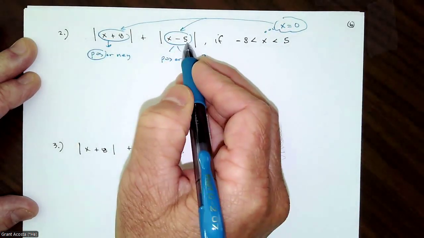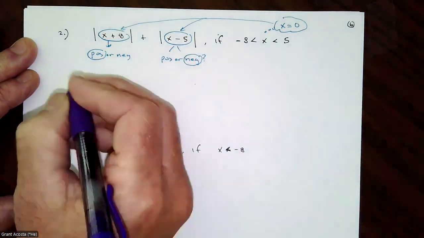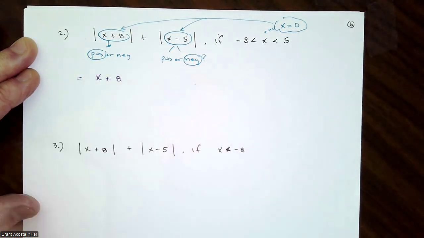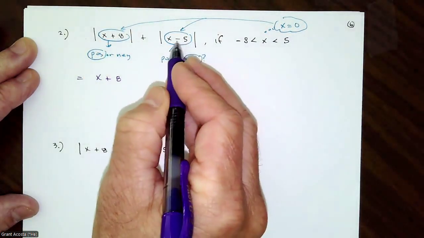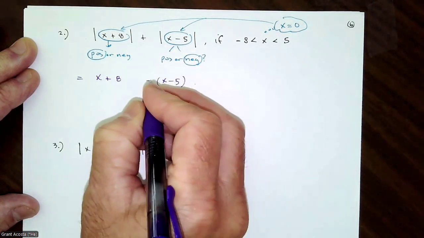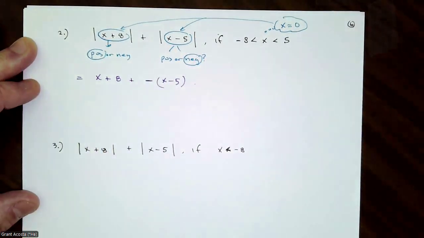But if I do 0 minus 5, this part becomes negative. So when I simplify this, since this inside's already positive, I can just remove the absolute value. Since this is negative, I can remove the absolute value, but I have to add a negative, right? It's the negative of the negative.